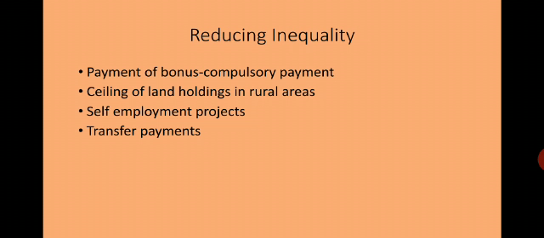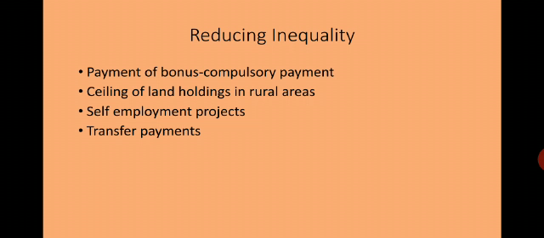The next one is ceiling of land holdings. Ceiling of land holdings is imposed in rural areas. What happens in this case is that each household is allowed to keep land up to a particular limit.